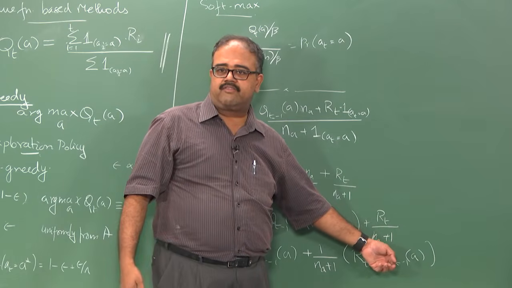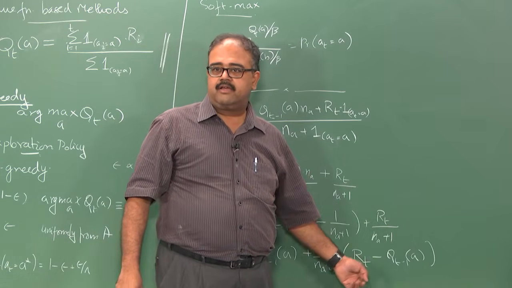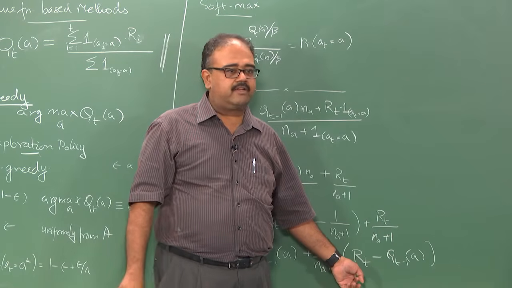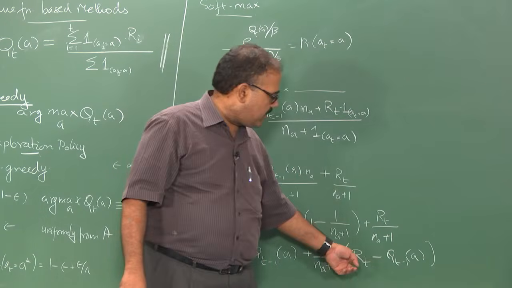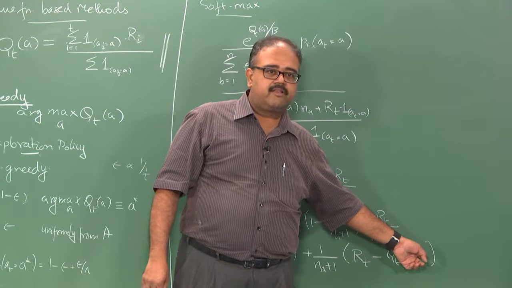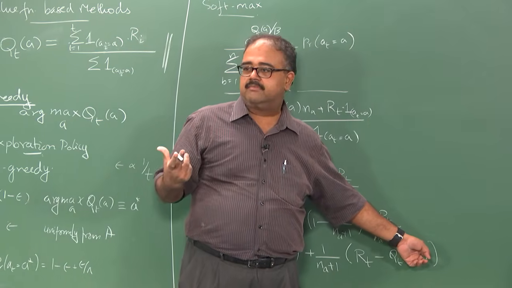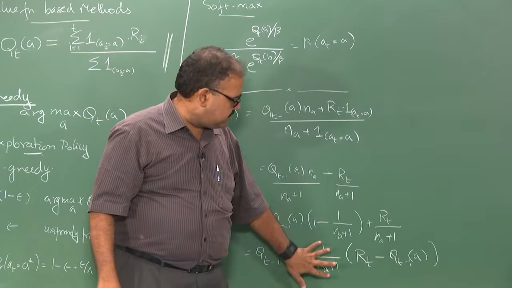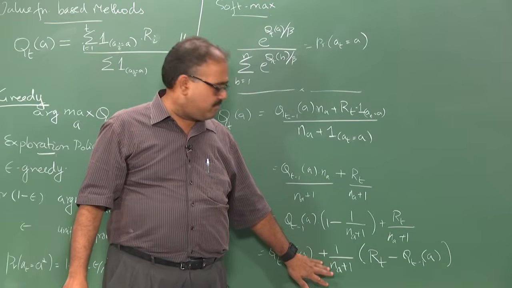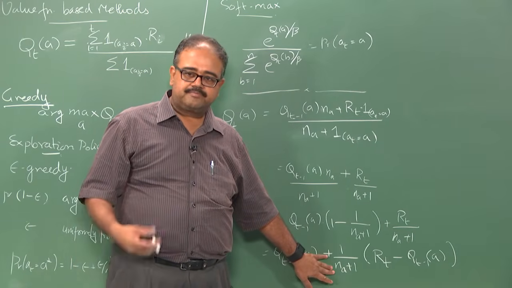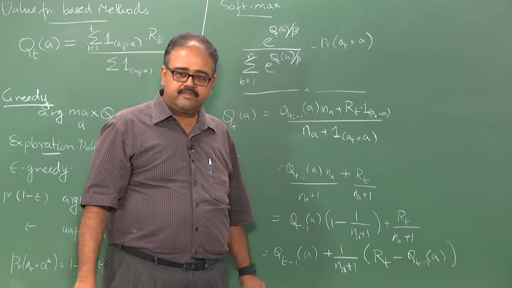Qt minus 1 is what I said will be the payoff. RT was the actual payoff that occurred, right? So RT minus Qt minus 1 of A is some kind of an error term, and 1 by Na plus 1 is some kind of a step size.